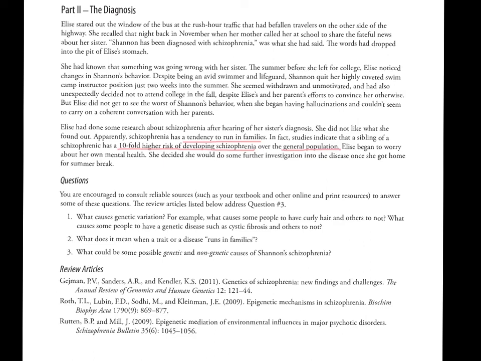The trait is what we see, but the genes for that trait, the genotype, is what we get from our parents. So of course you'd expect them to run in families. One parent gives it to the child and the child gives it to their child. And so you'd expect the disease to show up more often in that family than in a family who doesn't have those particular genes.